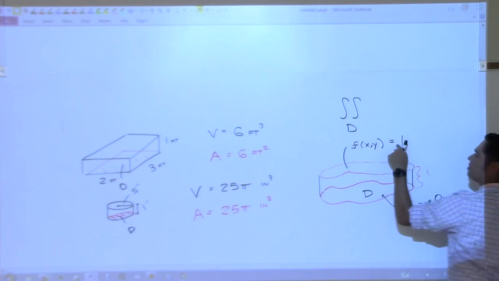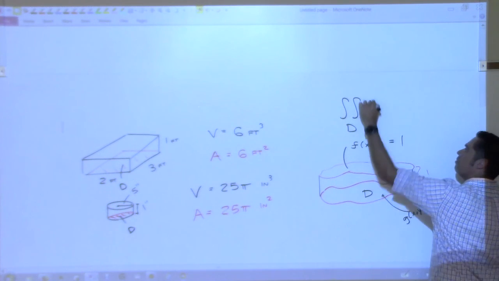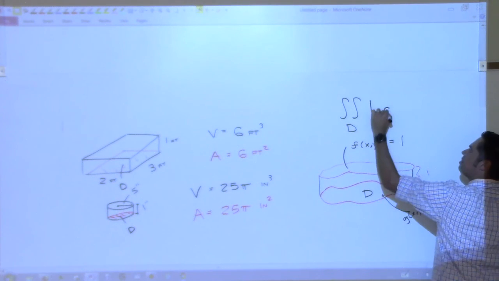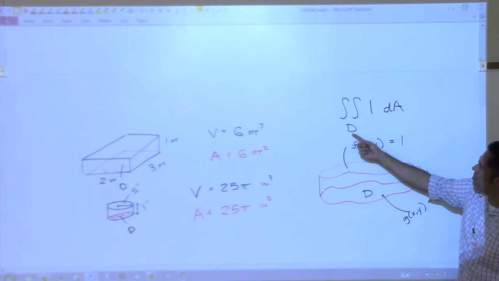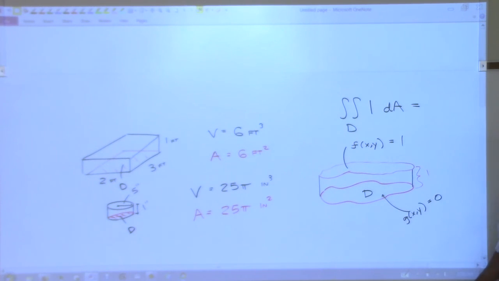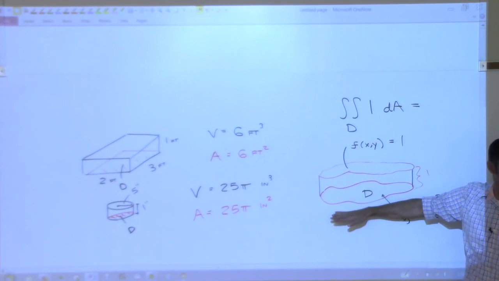of the top surface, which is 1, minus the bottom surface, 0, with respect to area, since double integrals over regions D are always with respect to area, gives you what? This is the volume under here down to there, right?